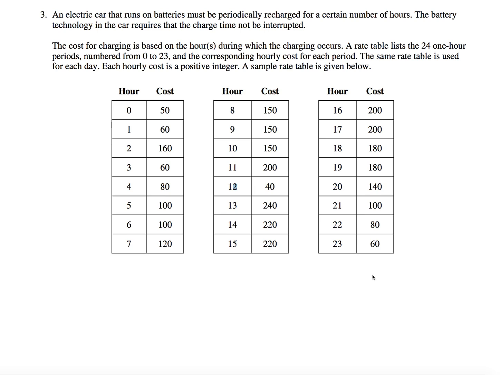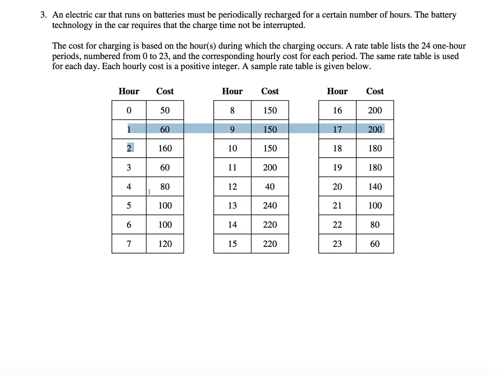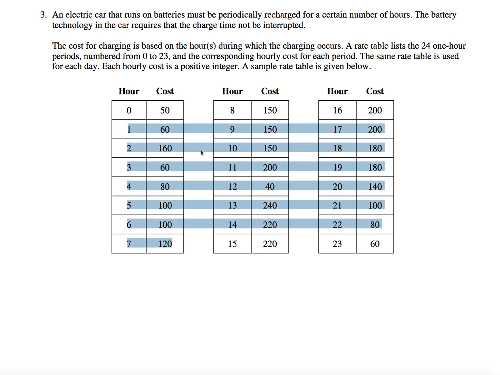This is basically a min-max algorithm where you set the very first set of 8 hours to the minimum, and then as you work your way down the chart, if any of those sums of charging costs are lower than the first one, you replace the minimum with that value.